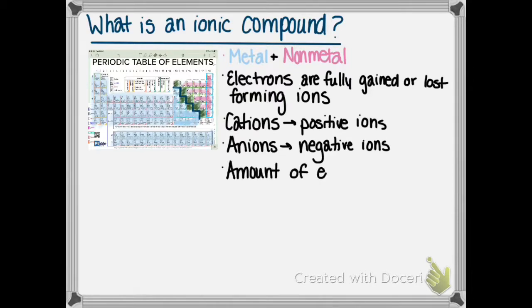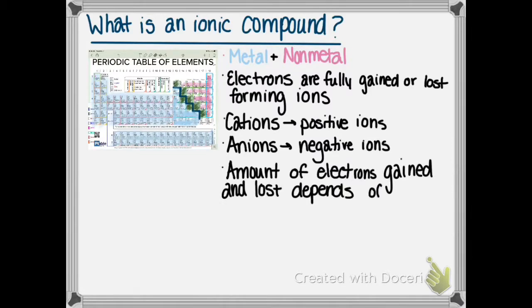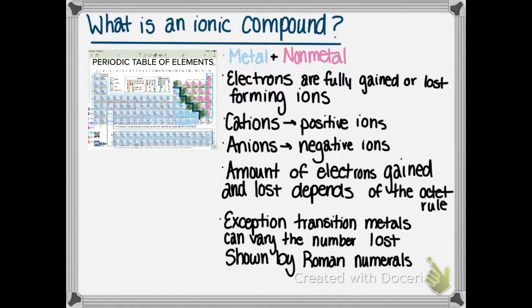The amount of electrons gained or lost depends, again, on that golden rule of chemistry: they're trying to obtain a full octet. So the amount of electrons gained or lost by your cations and anions is based off the octet rule. You should be familiar with the number of valence electrons each element has and the type of ion it should form.